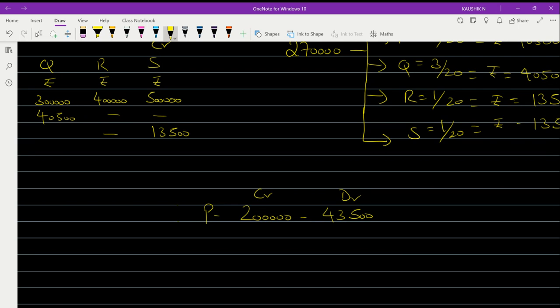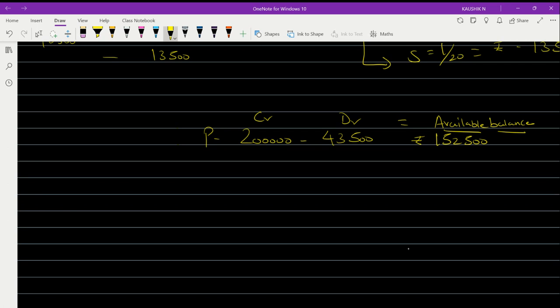Find out the difference between these two. 2 lakhs minus 43,500. What is the difference between these two? 1,52,500 rupees is available.